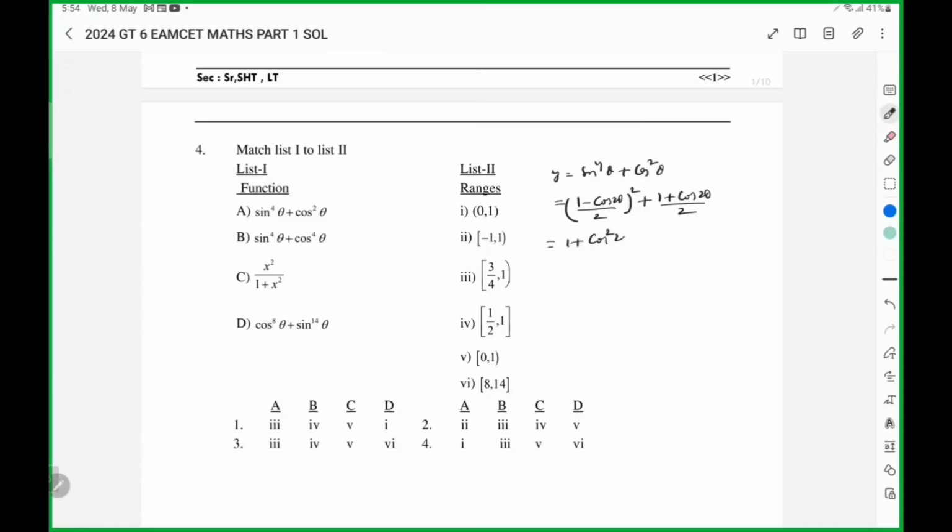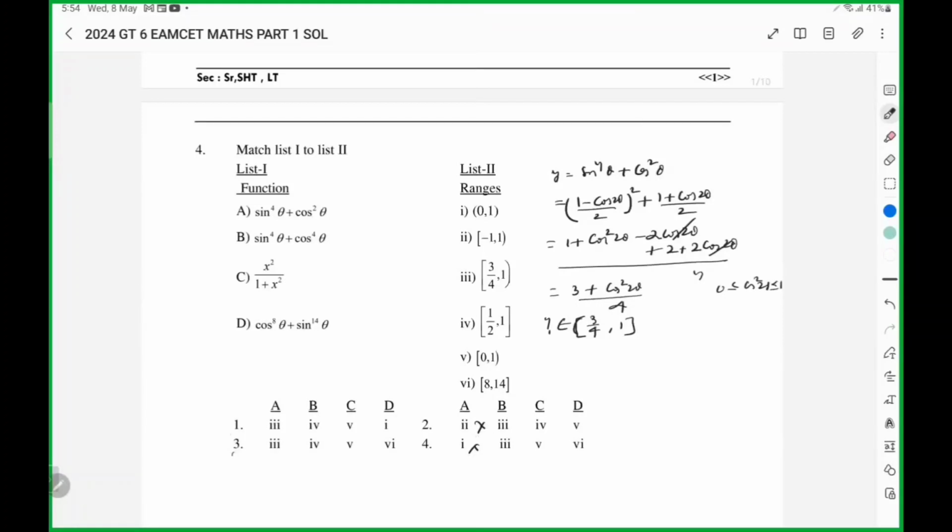That is 1 plus cos square 2 theta minus 2 cos 2 theta plus 2 cos 2 theta by 4, which is 3 plus cos square 2 theta by 4. Cos square 2 theta boundaries 0 to 1. So y lies between 3 by 4 and 1. So A maps to 3. So this can be the answer.